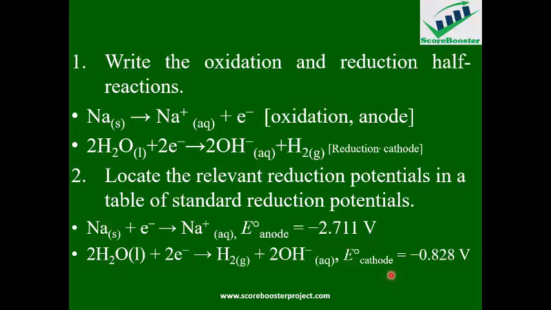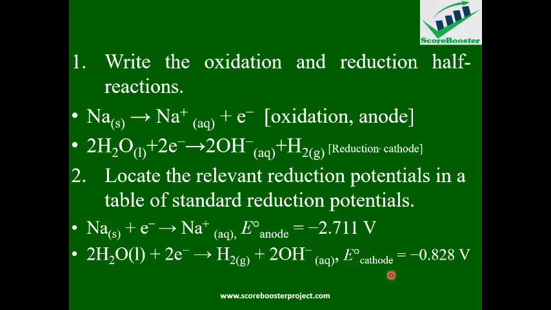The one that gains is the reduction, that is the cathode. Now go to your table and locate the reduction potential: for sodium it is minus 2.77, and for water it is minus 0.828.